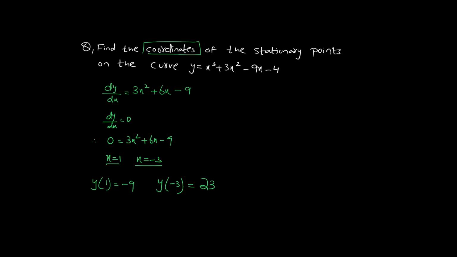So the first stationary point is 1 comma minus 9 and the other stationary point is minus 3 comma 23. These are the coordinates of the stationary points.